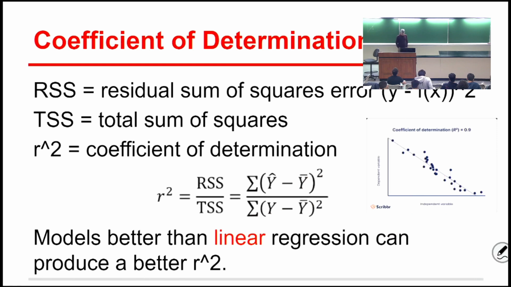Now, in general, there is a useful statistic here to evaluate any kind of predictor that you build. They call it the coefficient of determination.